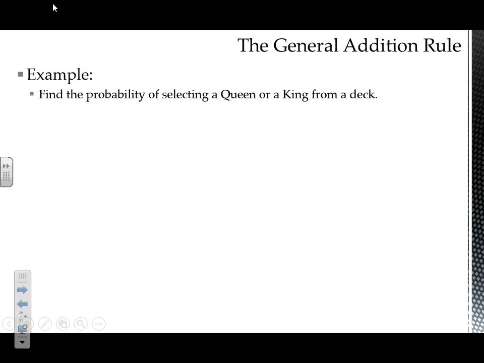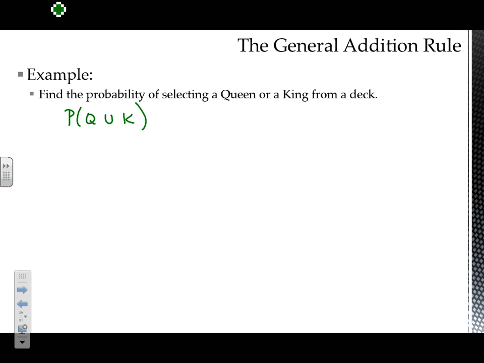So what I want you to do with these problems is write everything out. Write out the notation so you get used to seeing what it looks like in the equation and what you're plugging in where. I want the probability of selecting a queen or a king.